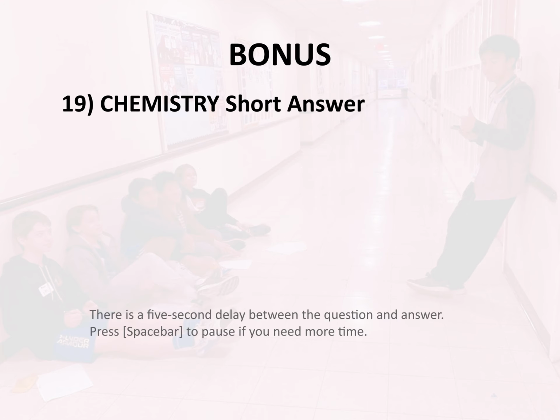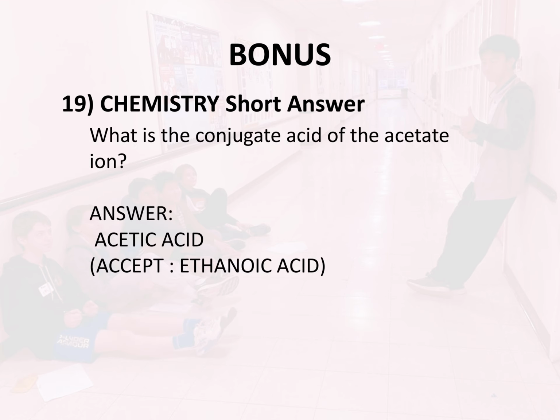Bonus, 19. Chemistry. Short answer. What is the conjugate acid of the acetate ion? Answer. Acetic acid.